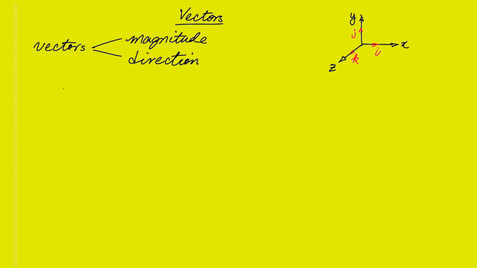So let's try to represent a vector in two-dimensional space. A vector is drawn with a line and an arrow attached to it. Let's first represent this vector using its components.